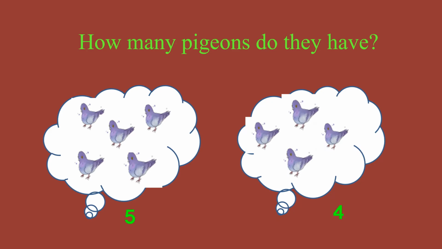So to find the total number of pigeons, what should we do? We have to add these two amounts together. So by adding two amounts together, we can find the total number of things they have. Isn't that so? So now we are going to discuss addition of whole numbers.